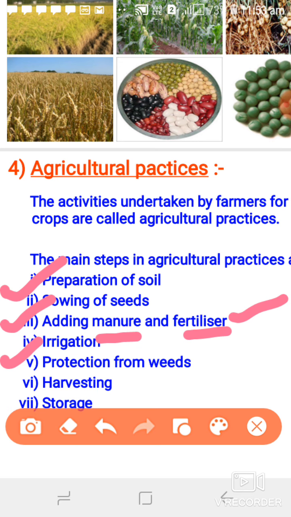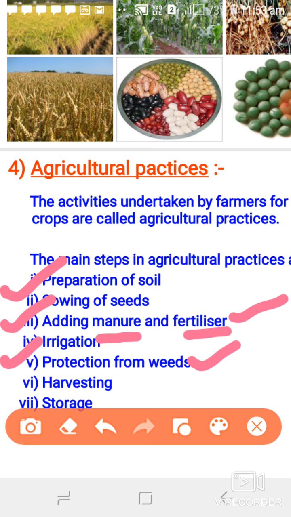Okay, the next step of the agricultural practice you can take here, protection from weeds. Okay, we will use various types of chemicals, means weedicides, okay, for the purpose of protection from the weeds. And various methods also can be included to remove the weeds.